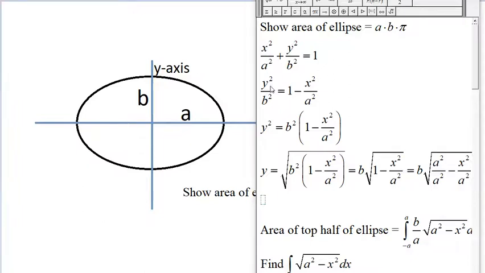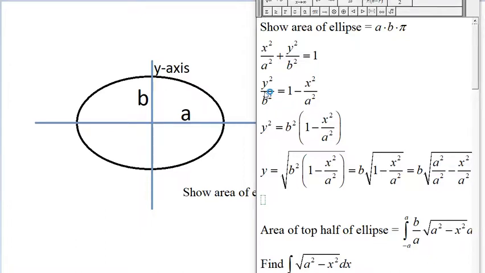If we subtract both sides by x squared divided by a squared, we end up with y squared over b squared equal to 1 minus x squared divided by a squared. Then multiply both sides by b squared.